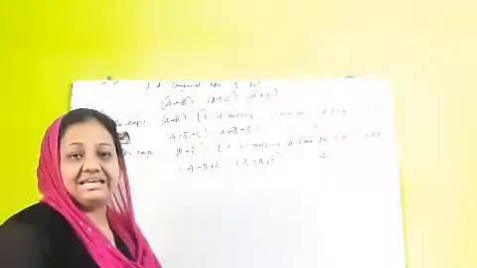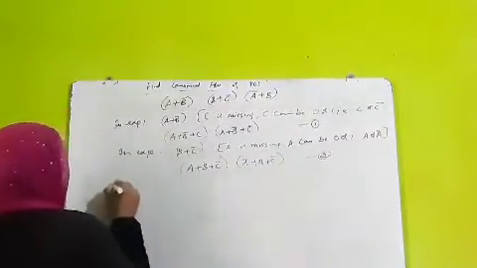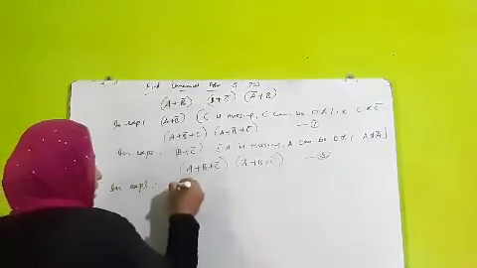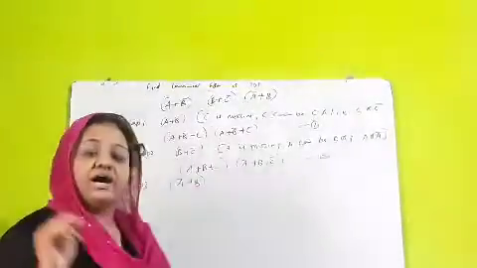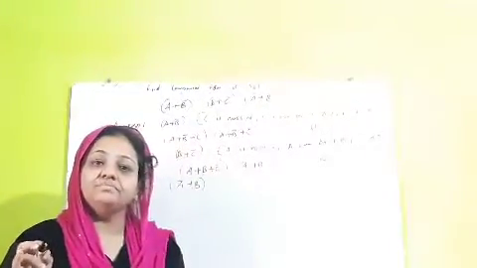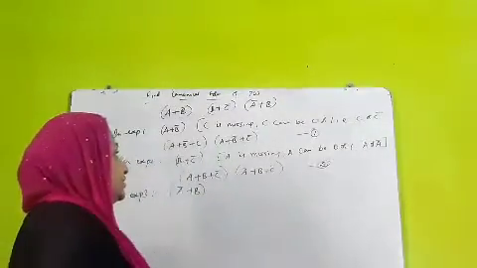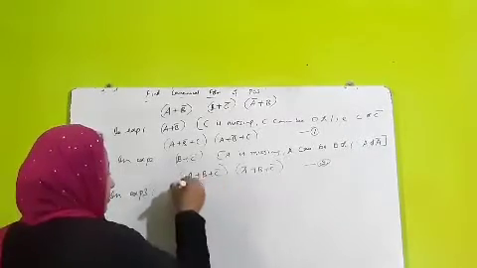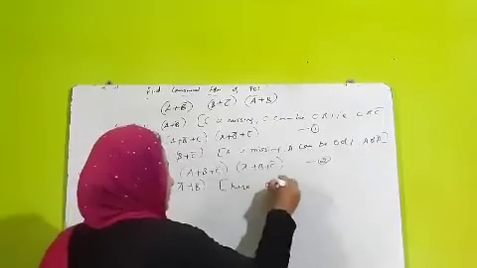Now let us take expression 3, A bar plus B. Again this is not in the canonical form because C is missing.